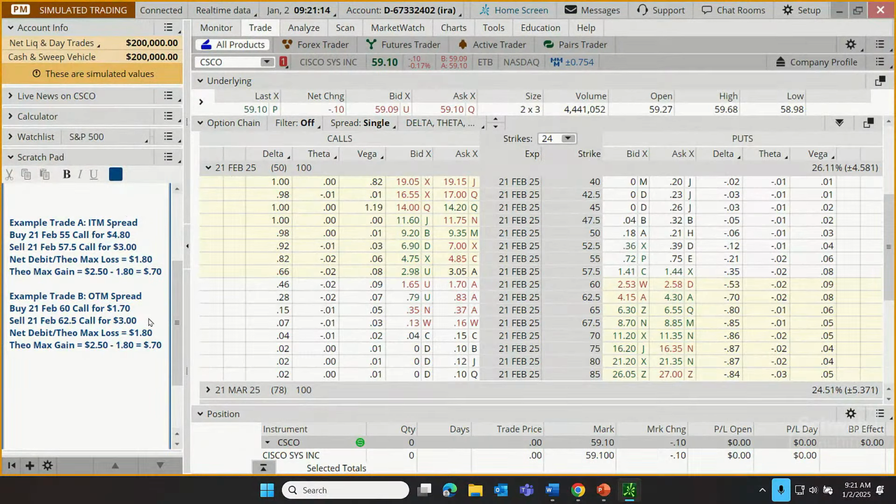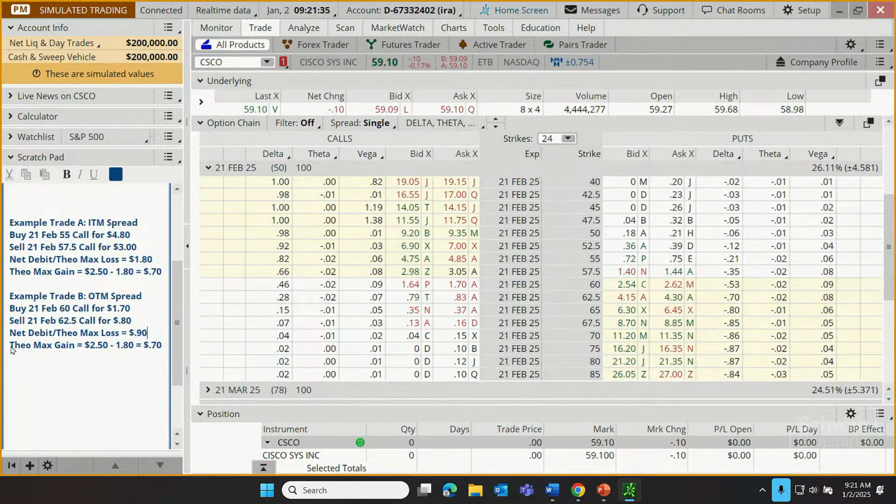Between 79 and 83. Let's say that we're able to collect 80 cents here. So now, if we're spending $1.70 on our long option and collecting 80 cents on our short option, what's the net debit between those two now? It's not $1.80, it's 90 cents.